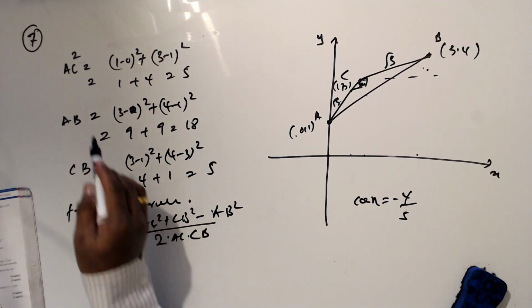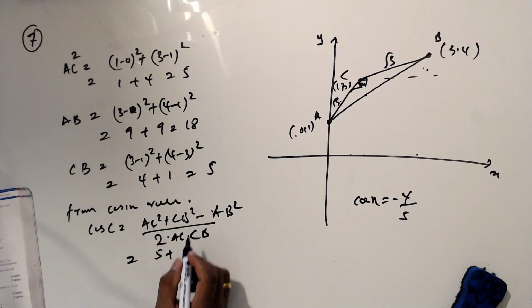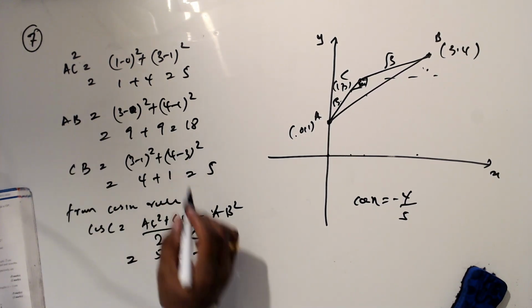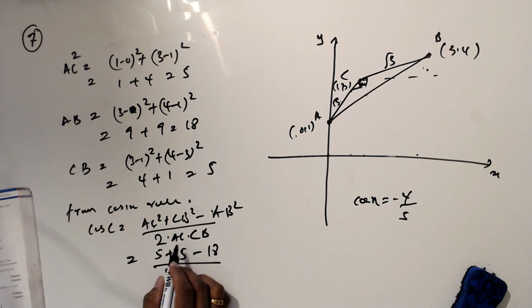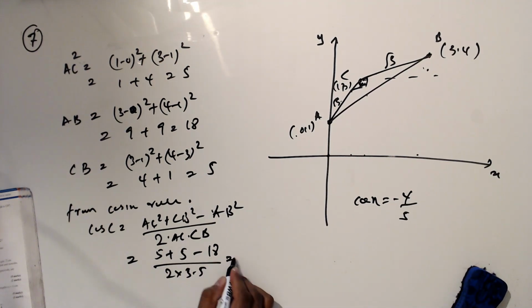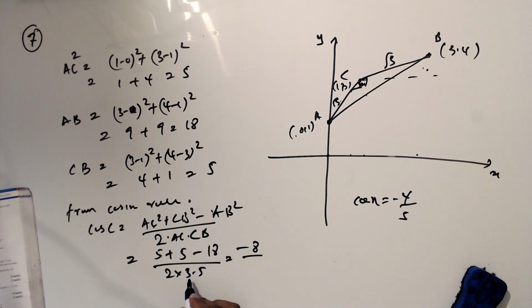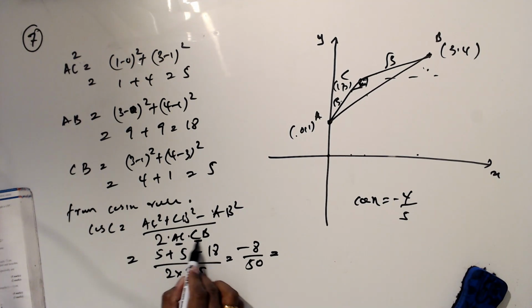So AC square is 5, CB square is 5, AB square is 18, and 2 times square root 5 times square root 5.